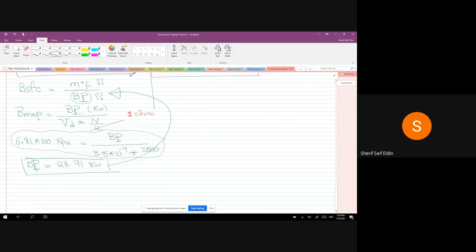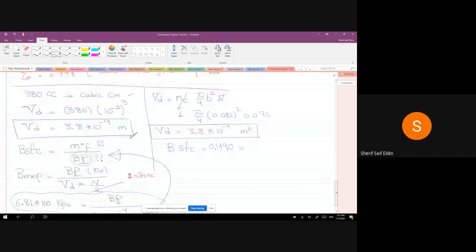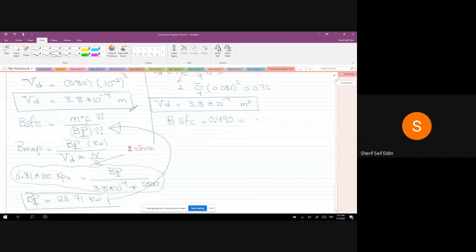If you are with me, brake specific fuel consumption was 0.49 kilogram per kilowatt hour, which is M dot fuel over the brake power.